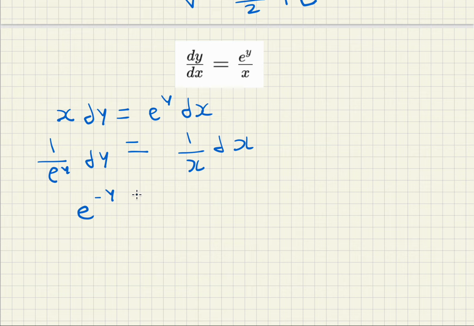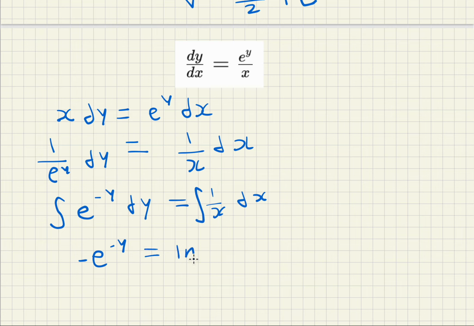And so if e to the power of negative y dy equals 1 over x dx, we can integrate both sides, and we would get negative e to the power of negative y, because if we differentiate this, we would get e to the power of negative y, plus c equals natural log of x plus c.